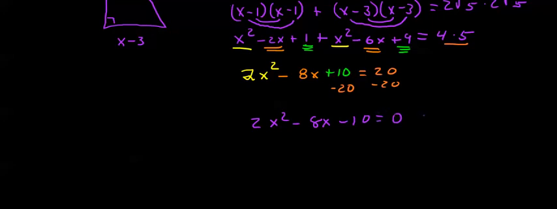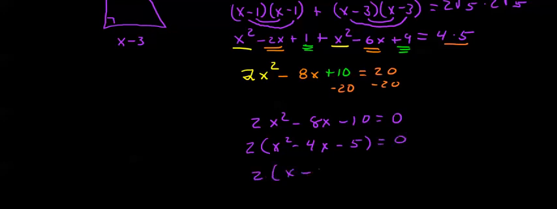Our answers for these problems will always be rational numbers. Therefore, it's in your best interest to factor. It's the easiest way. But from here on out, you can use whatever method you want, as long as you do it correctly. Factor out the greatest common factor: 2 times the quantity x squared minus 4x minus 5 equals 0.